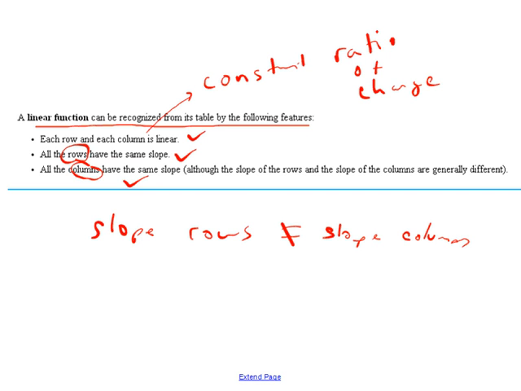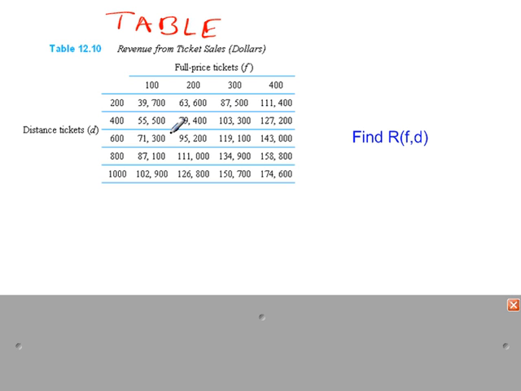So going back to this problem, what we need to inspect is, as we fix the column, so as we go down, are all of these slopes the same?